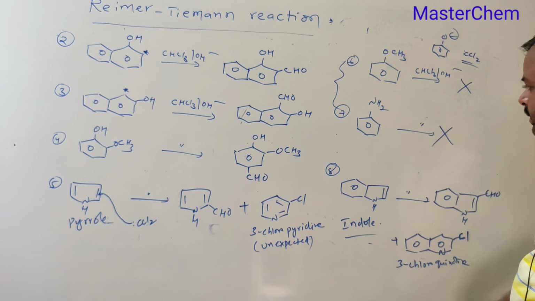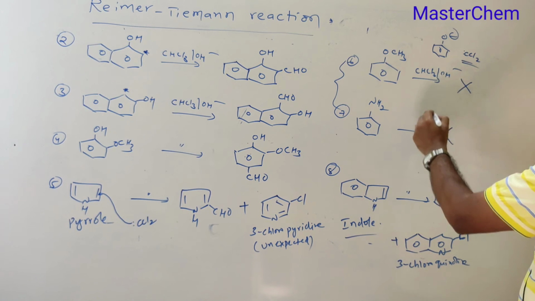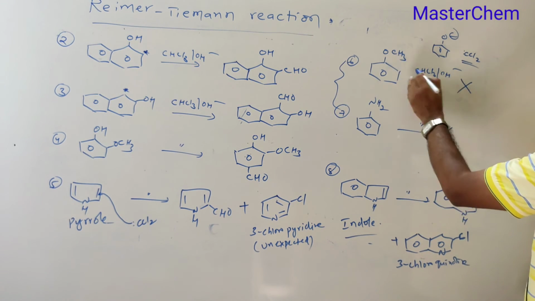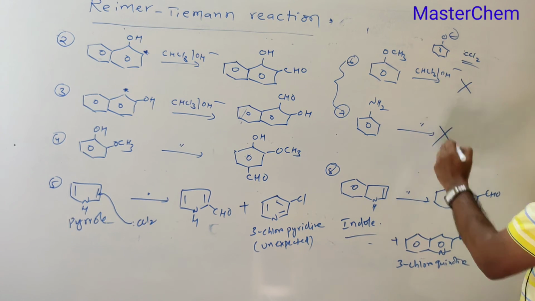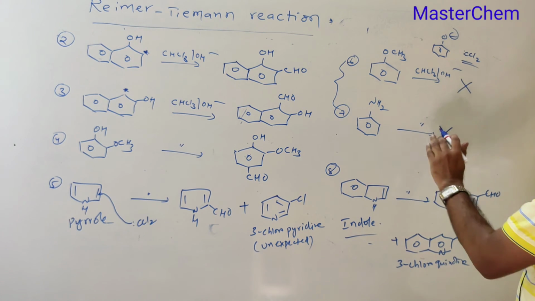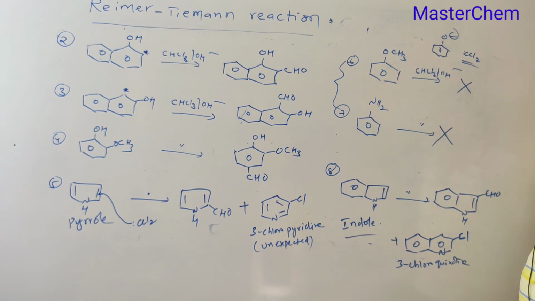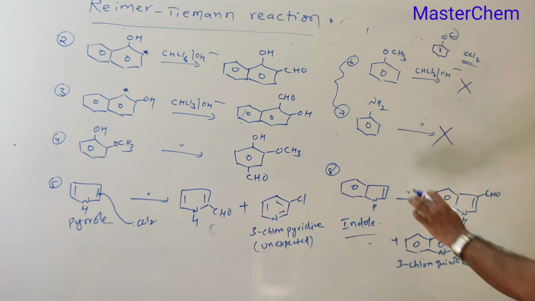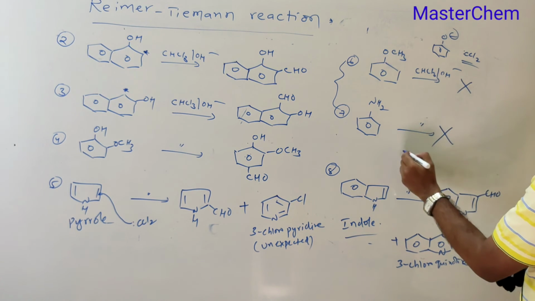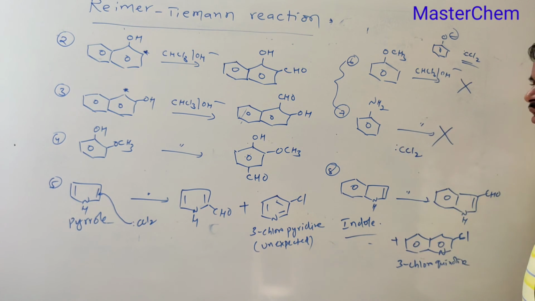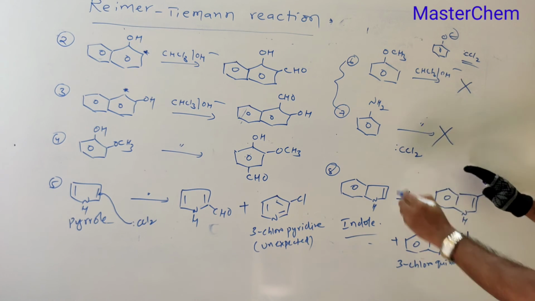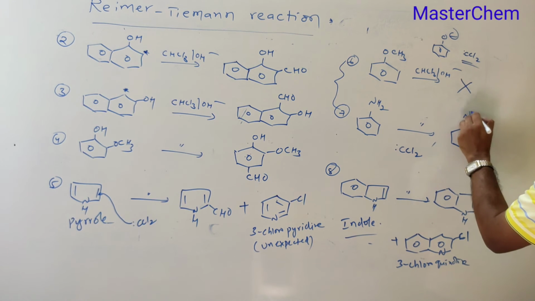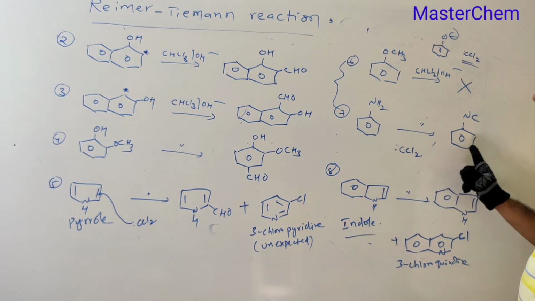Here it is aminobenzene, aniline, with the same conditions, CHCl3 and NaOH. So don't place the CHO group at the ortho position. That is wrong. What is the reason? Here there is no formation of phenoxide. That's why there is no Reimer-Tiemann reaction. In this case, with CHCl3, the dichlorocarbene reacts with NH2 and forms the corresponding isocyanide.